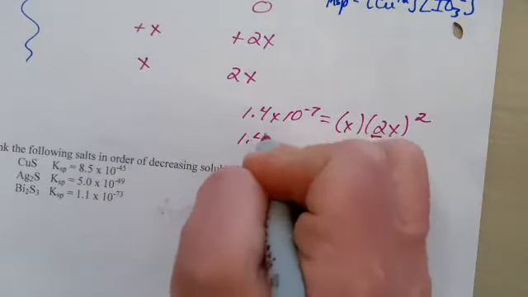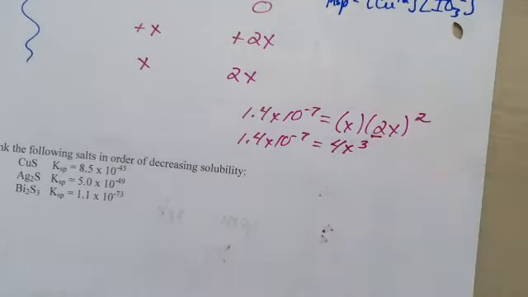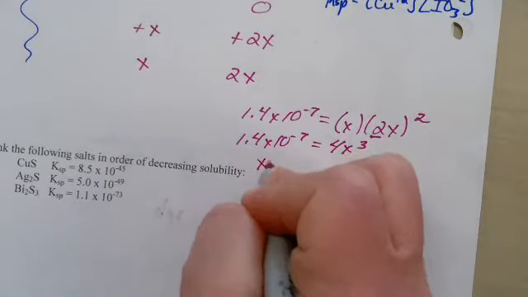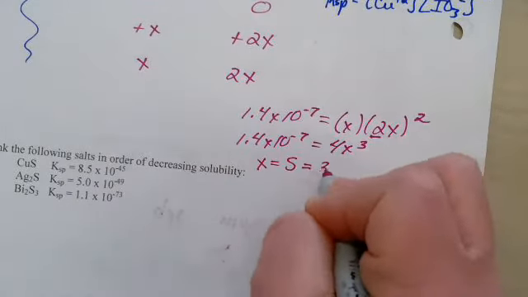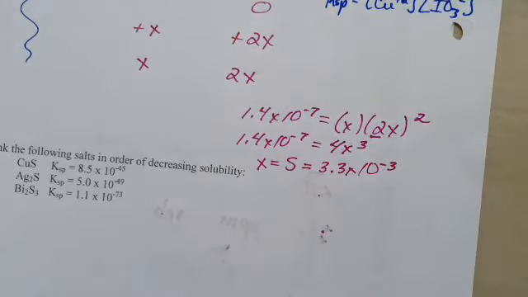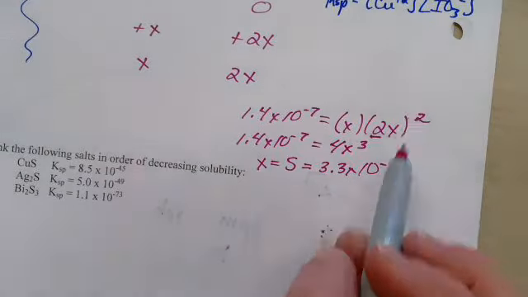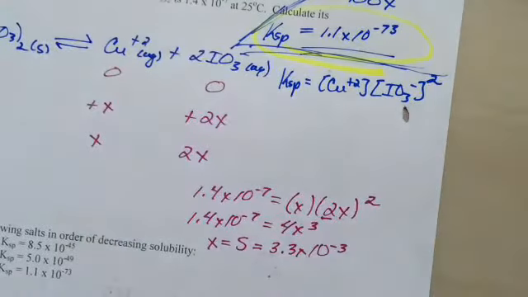So I divide by 4 and take the cube root, and our X, which is our solubility, here is 3.3 times 10 to the minus 3rd. And we're solving, in essence, for the brackets.